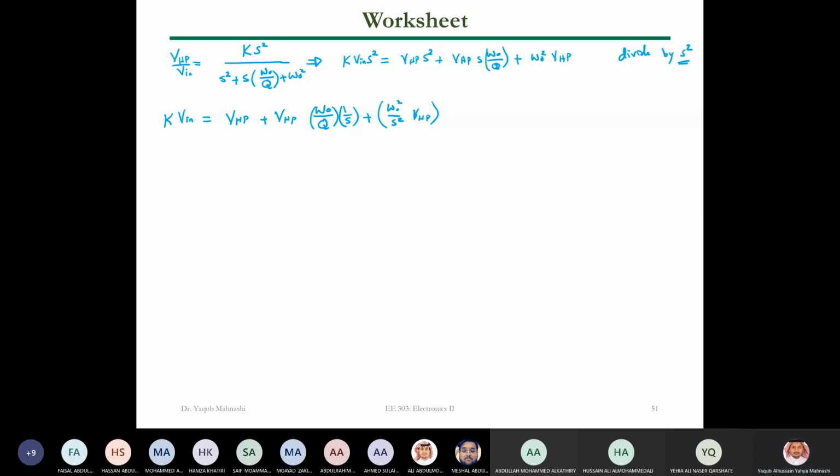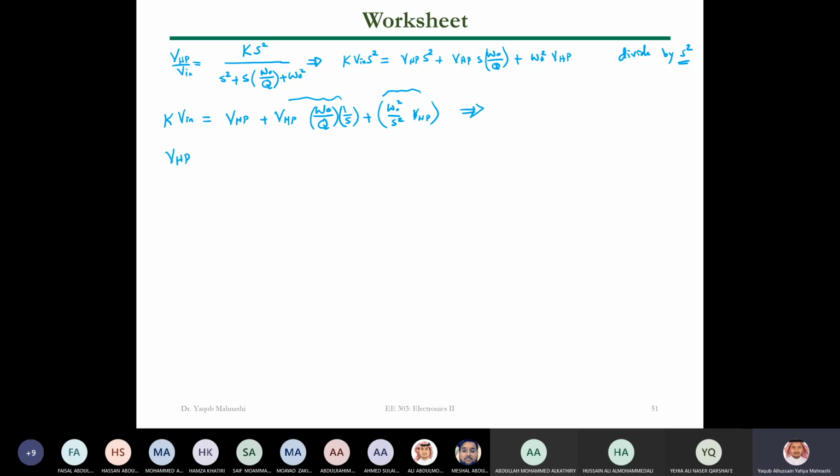Okay, and let me do some arrangement here. Let me take the terms with the 1 over S to the other side.